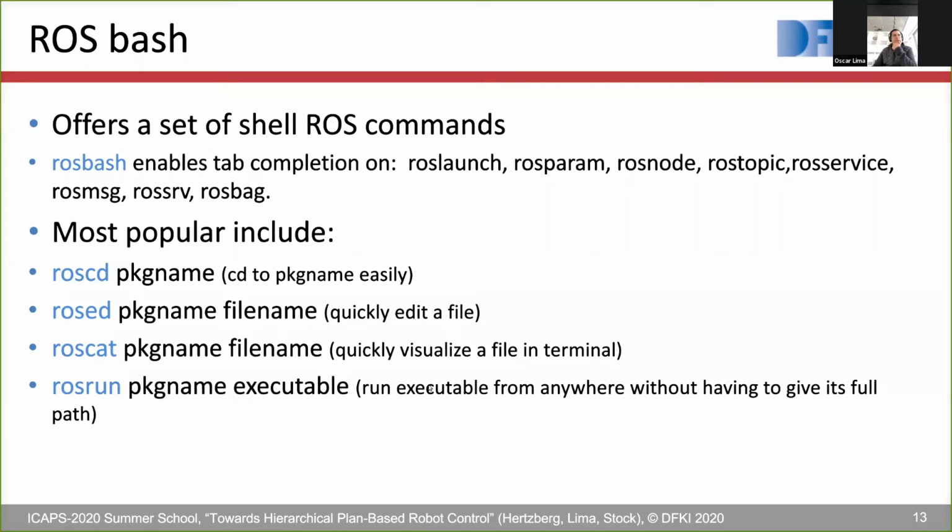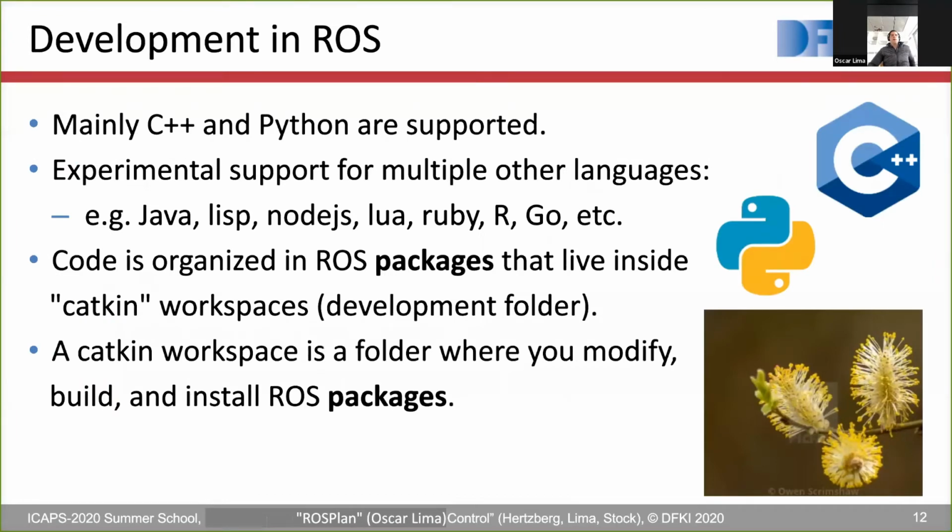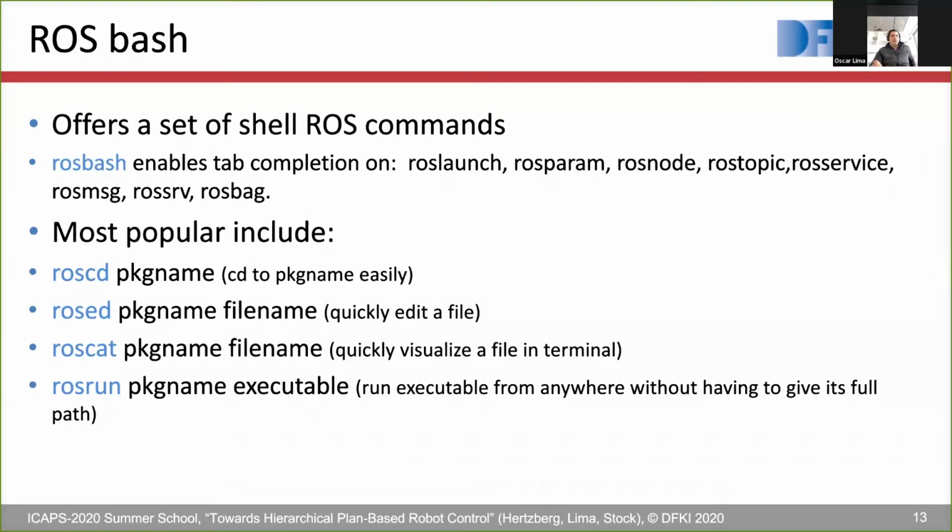This is important for Python files. If you have C++ files, you need to make sure that you have compiled them earlier with catkin build or catkin make. And this binary will get created under your devel folder, which is a part of your catkin workspace. And then once you have produced the binary, you can use ROSRun, the package name, and then the name of the binary to run that process.